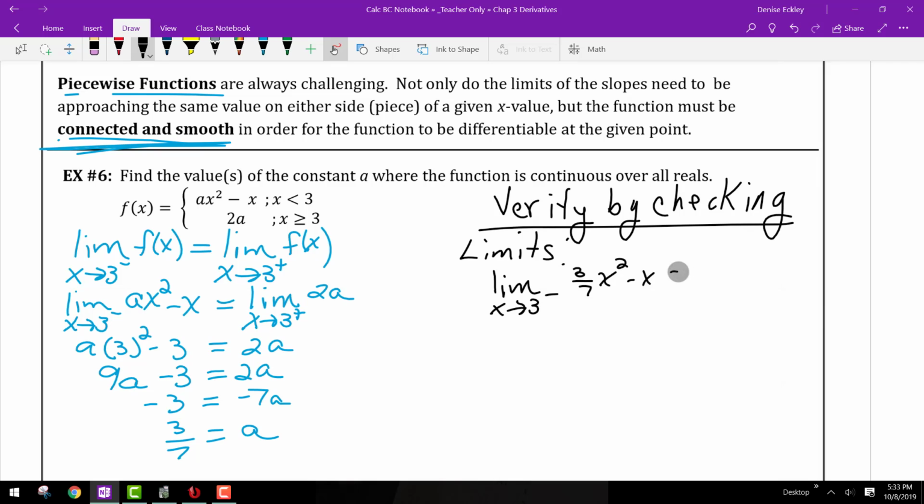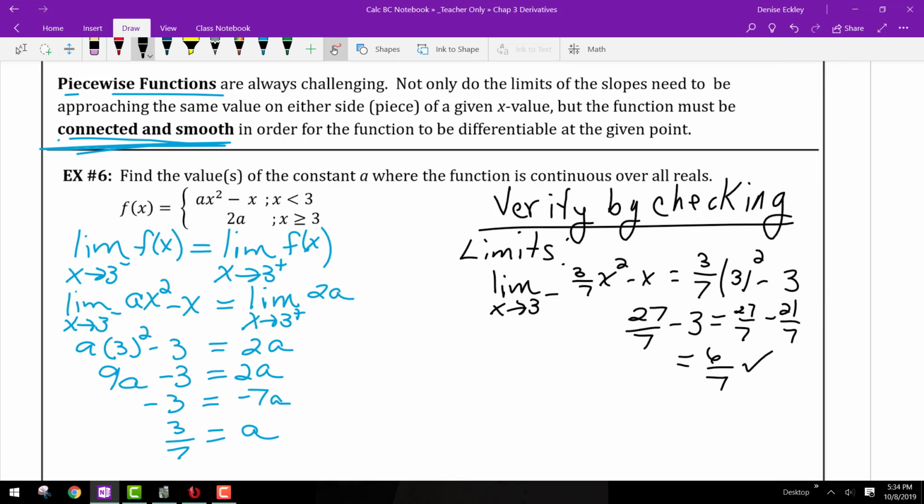And so we're going to have 3/7 times 3 squared minus 3. So we get 27/7 minus 3. So this will give us 27/7 minus 21/7. So we get 6/7. So that checks.